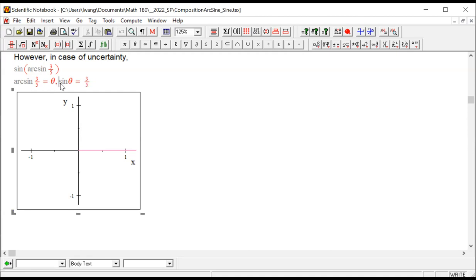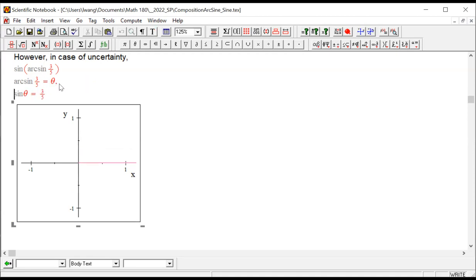What is more, we know the range of arc sine, so this angle is going to be in 0 to pi over 2 on the positive side. It means that this angle theta is measured counterclockwise.